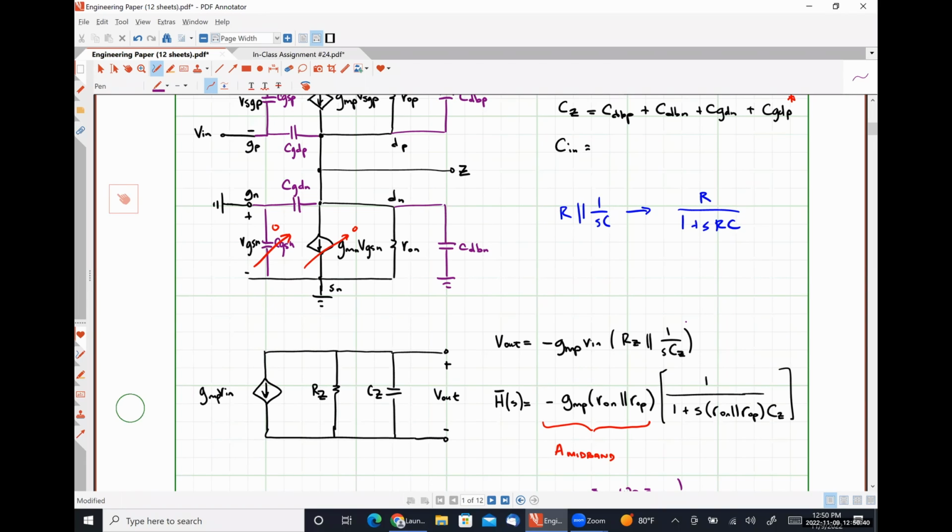Now, we don't see any resistance associated with the input terminal of this stage, but we know very definitively there was a resistance at the output of our previous stage. So effectively, this Cin that we are going to find is going to get lumped into the CY that we determined in Monday's lecture.